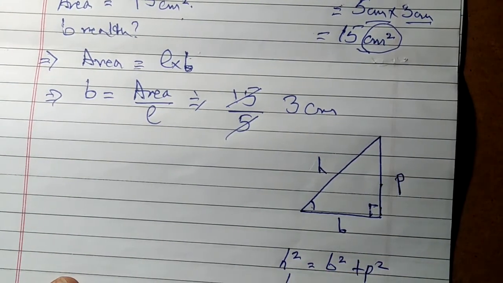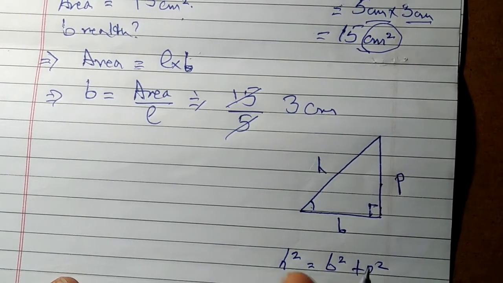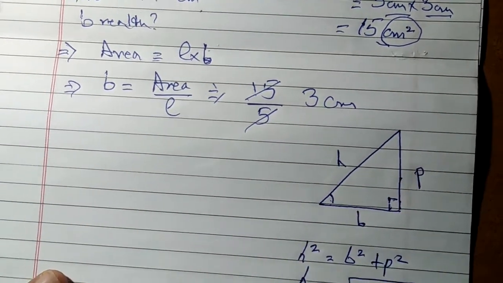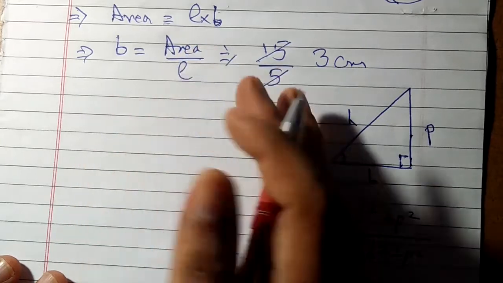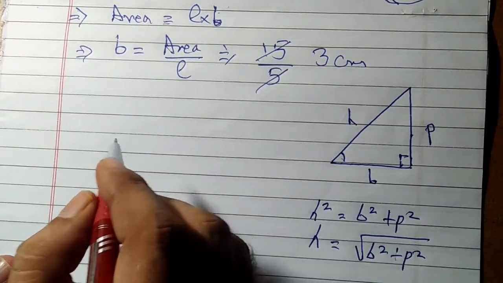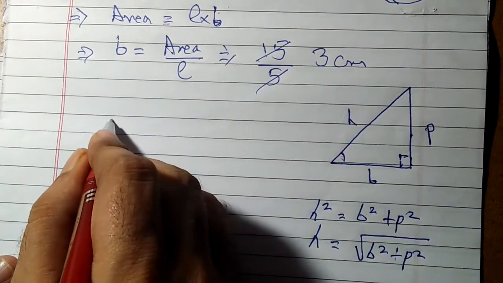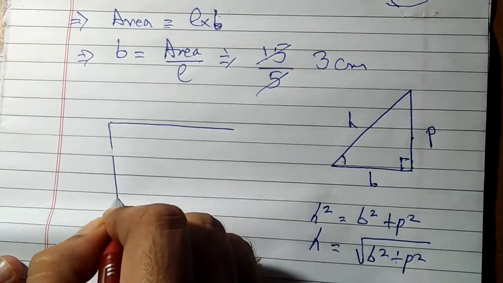So hypotenuse becomes root over b square plus p square. You can learn this later, but I showed you this because I want to apply the same principle in a rectangle to find the diagonal of the rectangle.